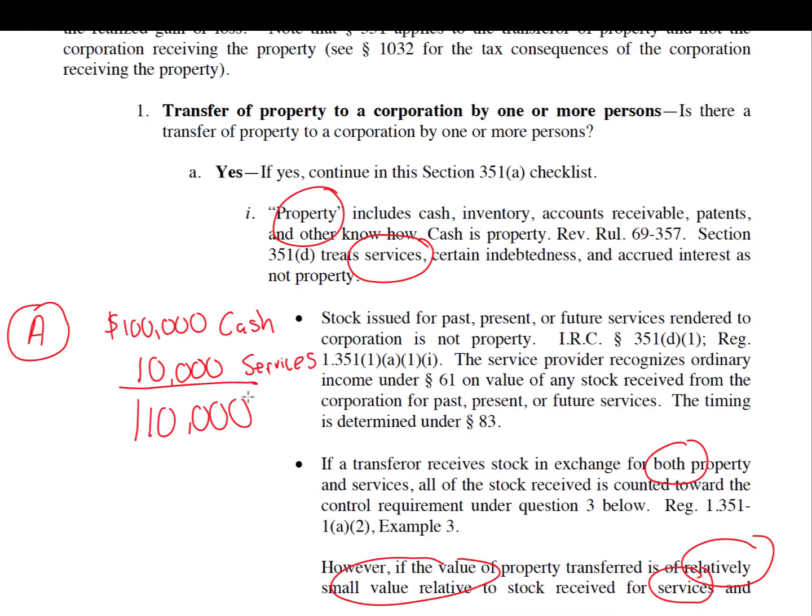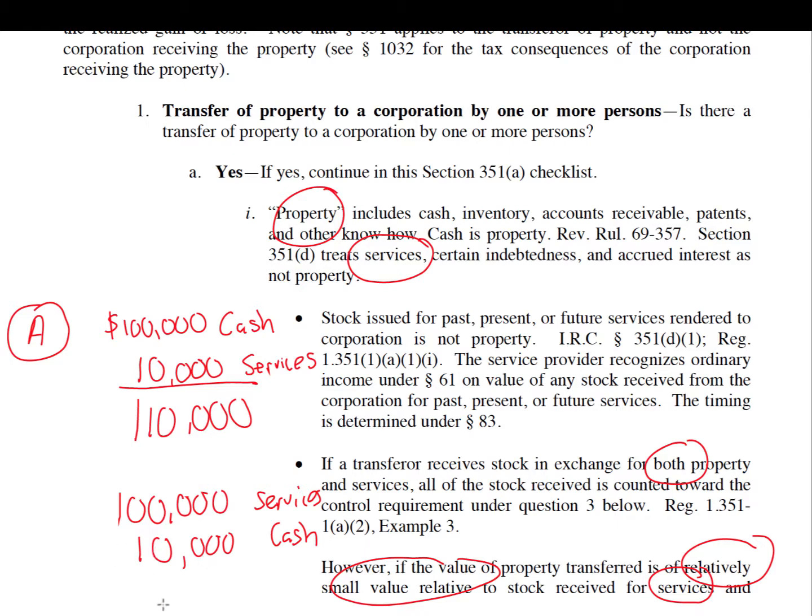But what if we reverse the situation? What if we said it was $100,000 of services and only $10,000 of cash? The idea here is that taxpayers were learning they could try to game the system by, instead of giving just services, giving a little bit of cash.